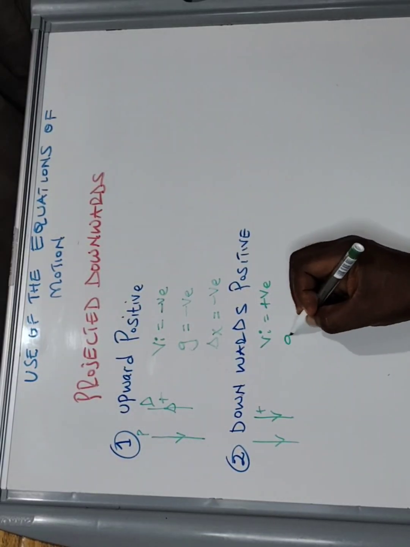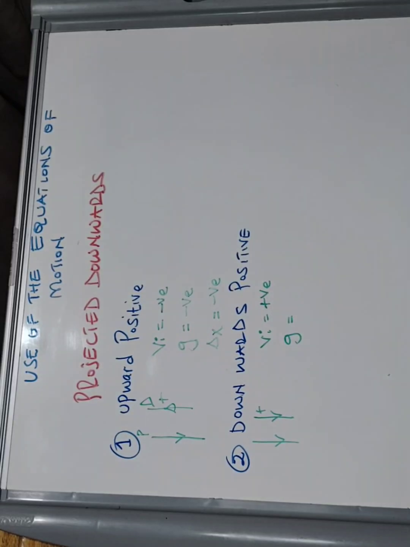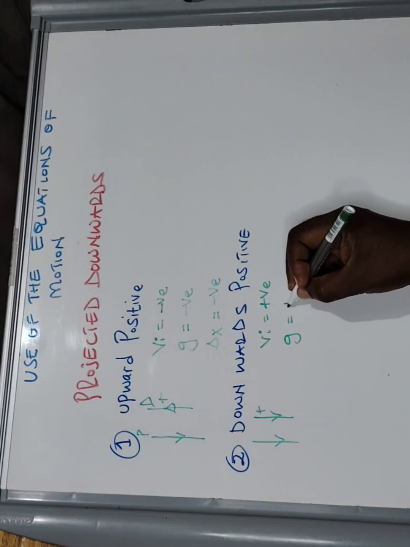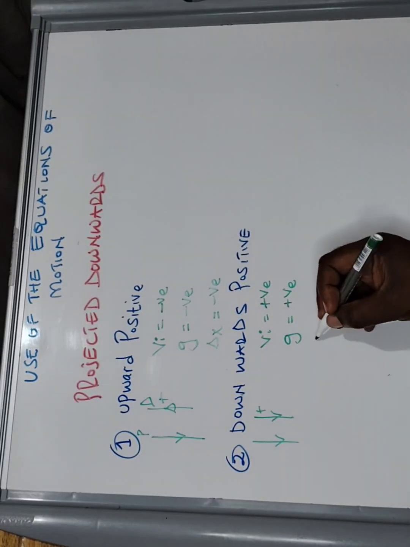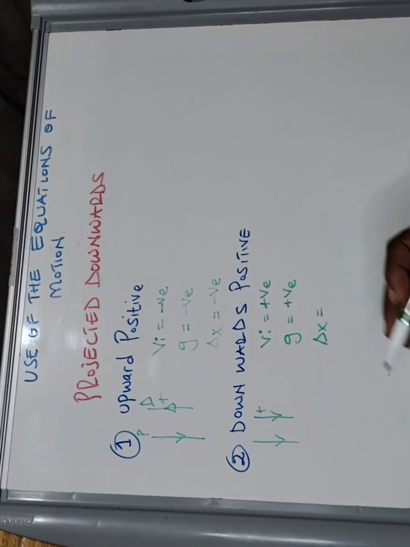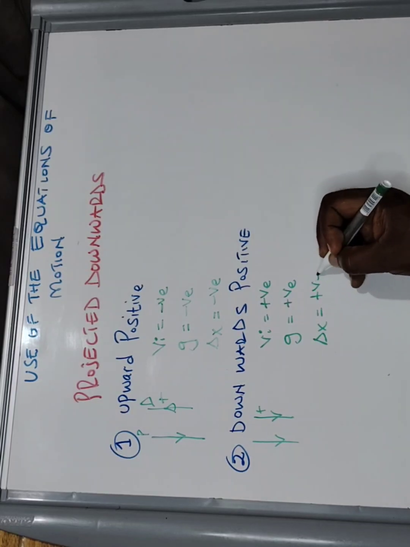Okay, let us go to our G. G is always acting downwards, and the downward is positive. So our G is going to be positive. Okay, let's go to displacement. Our displacement covered this time around, remember, is going downwards, and downward is positive. So it's also going to be positive.